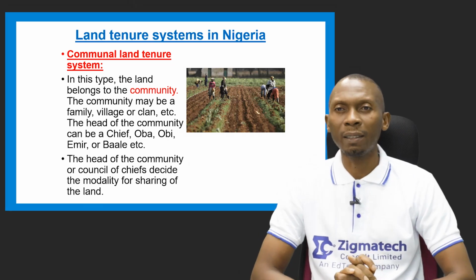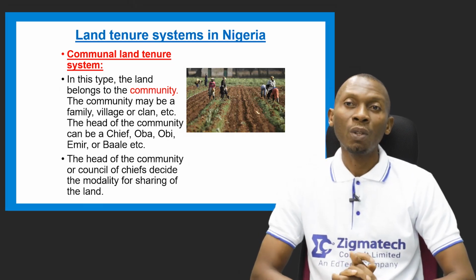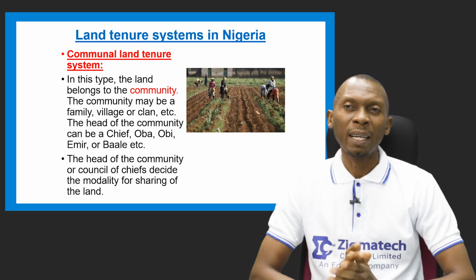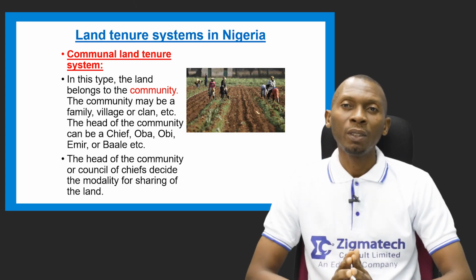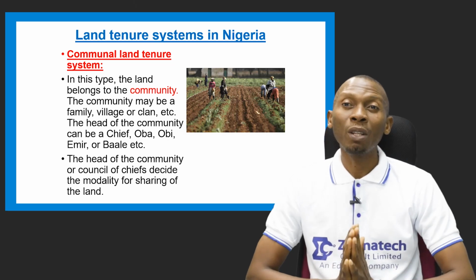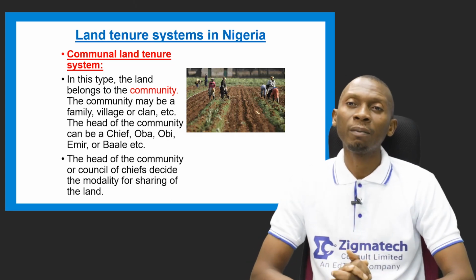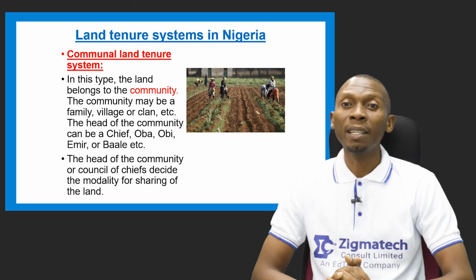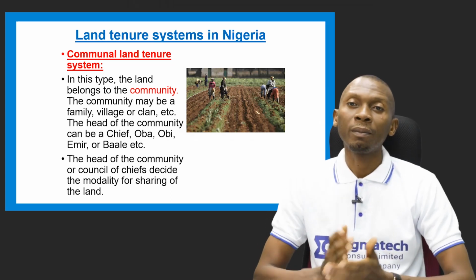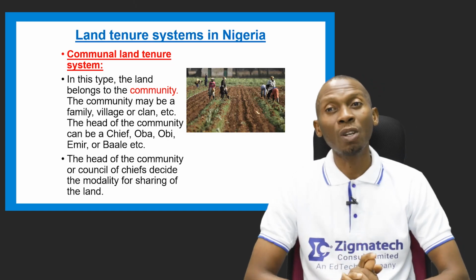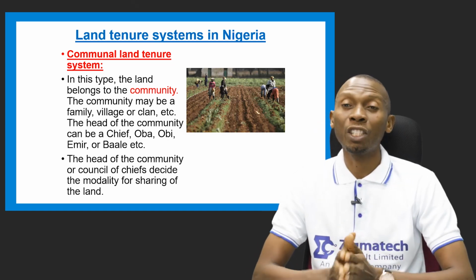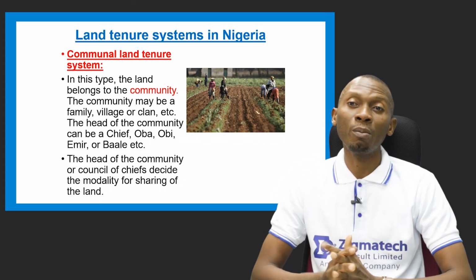What is the communal land tenure system? The word communal is connected to community, group of people. So in this type, the land belongs to the what? Community. And of course, a community could be the family, village or clan, etc. And remember, this community always has leadership, those who head the community.